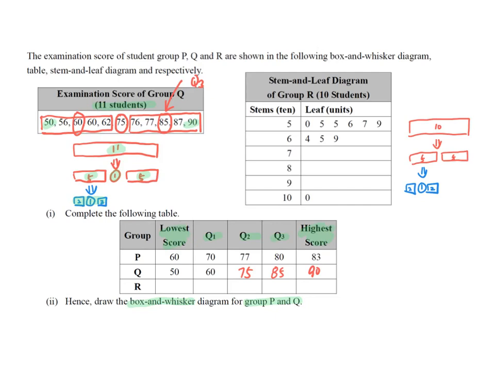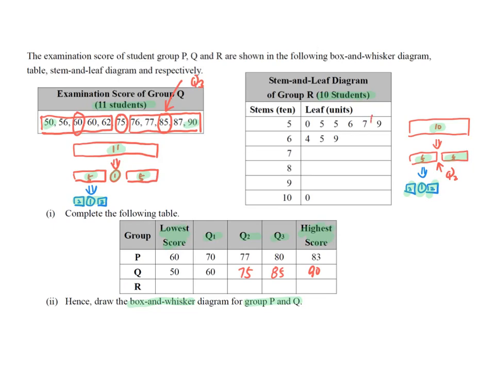So for group R, originally we got 10 students. Divide into 2 equal parts, we got 5 and 5 for each half. For the first half here, we divide into 2 equal parts again, because at the end, we divided 10 data into 4 equal parts. So 1 data in the middle, 2 at the front, 2 at the back. Back to the stem and leaf diagram here, we locate our Q2 first, which is in between the 5th and the 6th data.